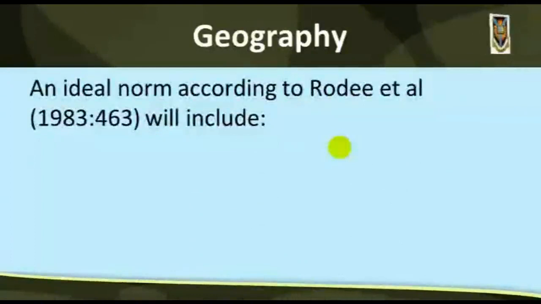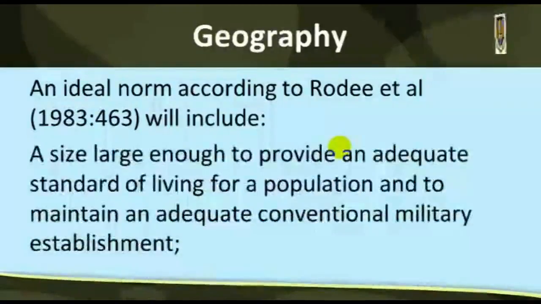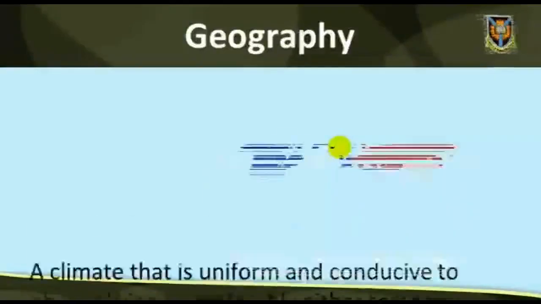An ideal norm, according to Rodee et al. 1983, will include: 1. A size large enough to provide an adequate standard of living for a population and to maintain an adequate conventional military establishment. 2.